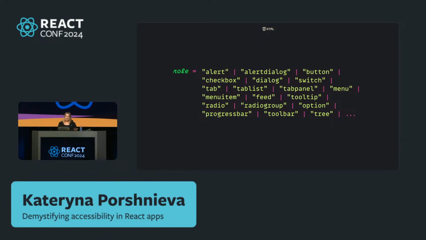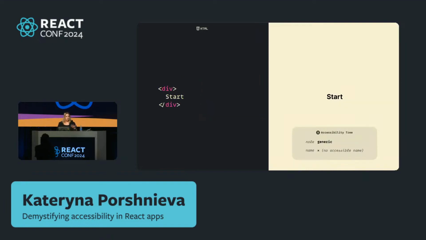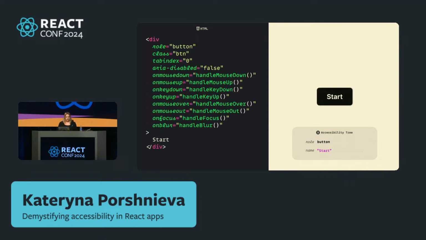They don't modify behavior or appearance in any way. So if we were, let's say, to set the role of a button on a div, yes, it will get updated in the accessibility tree and will be communicated to the user as a button, but it won't make an actual focusable, pressable button out of this div.